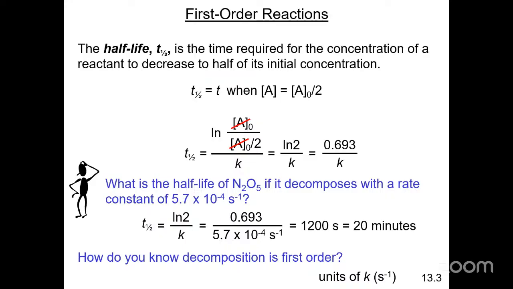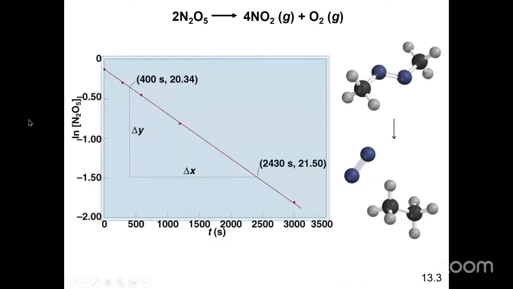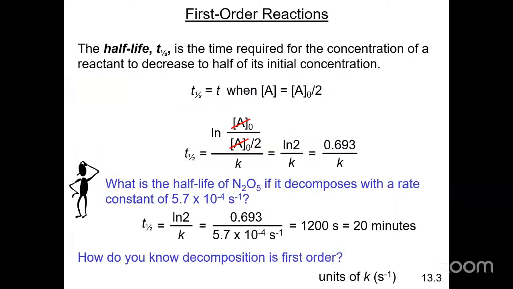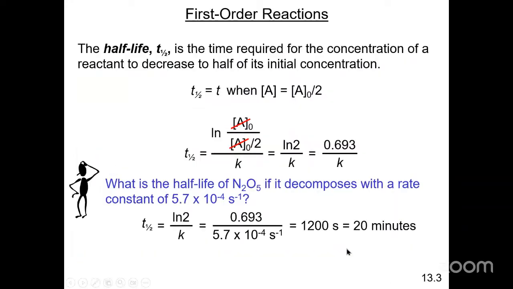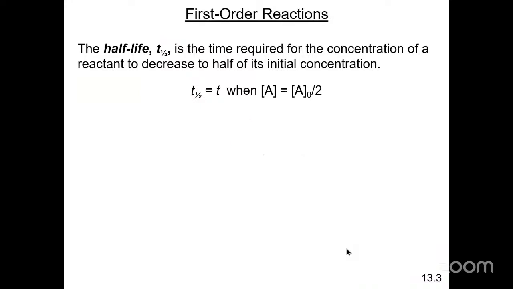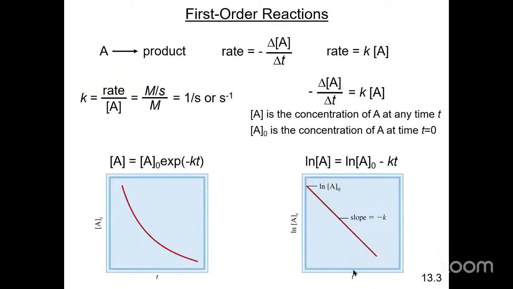So this is showing you a plot. Now, I think it's probably best that I go back to this equation right here, which is basically the equation relating the concentration of a reactant to time for a first order reaction. And if you recall, there you have two forms of equation which show you the relationship.